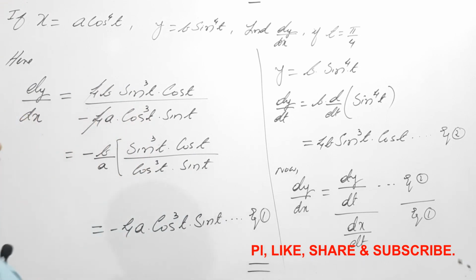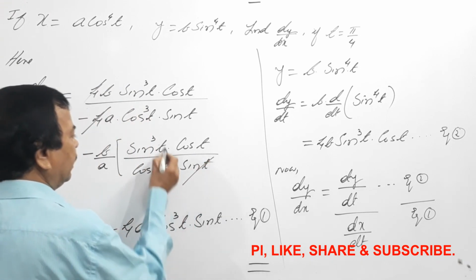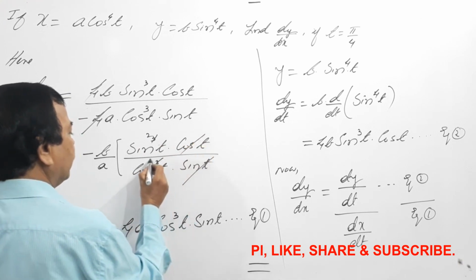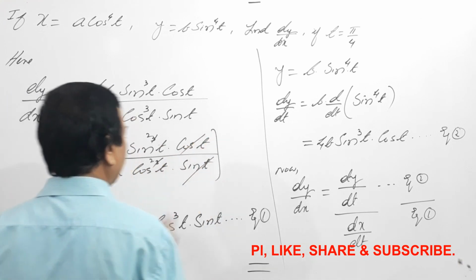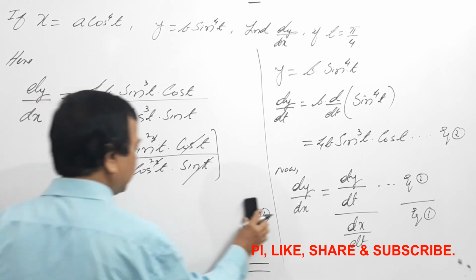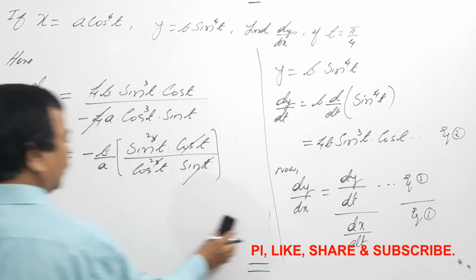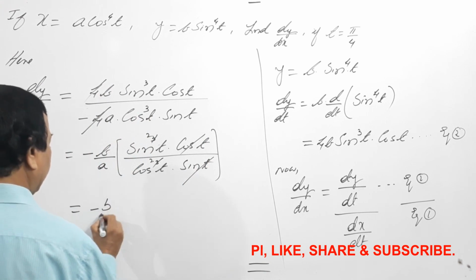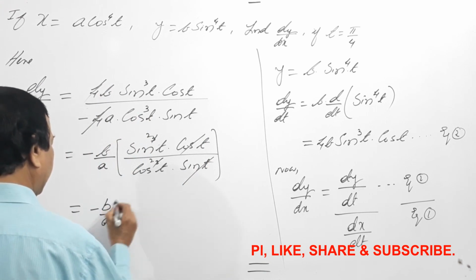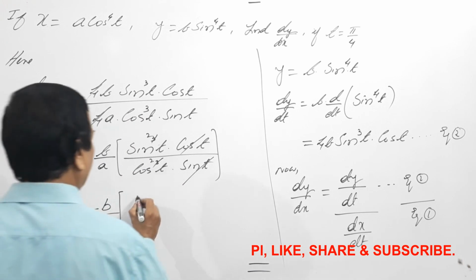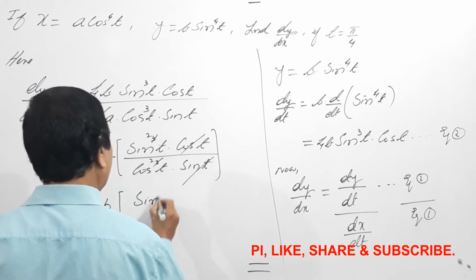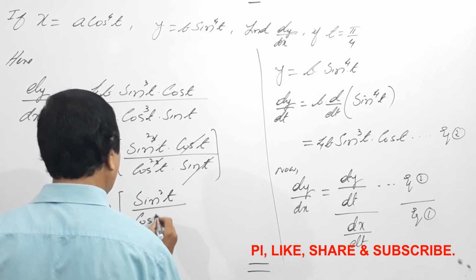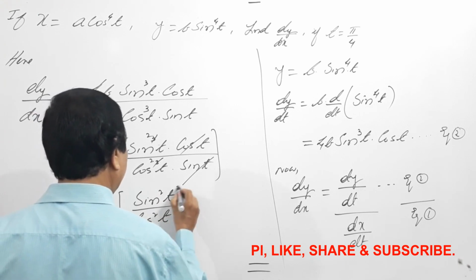Here one sin cancels and this becomes sin square, and one cos cancels and this becomes cos square. That equals minus b by a, sin square t by cos square t.